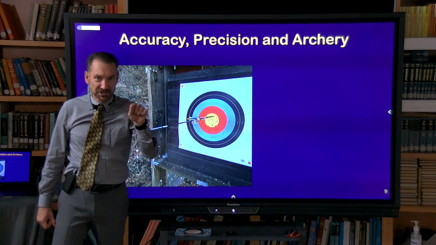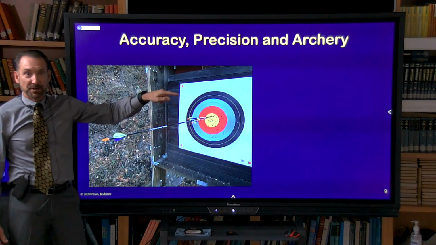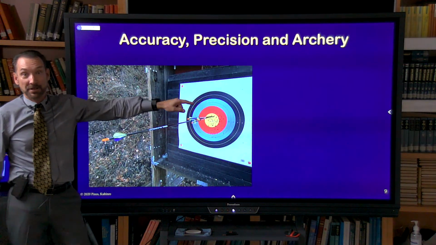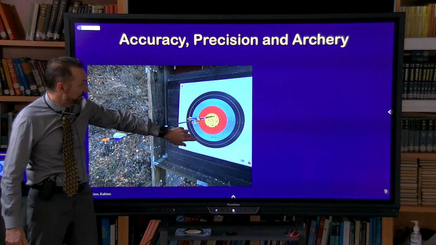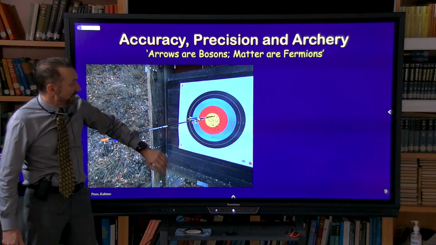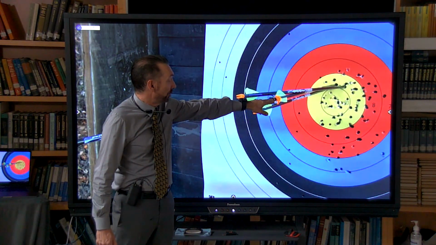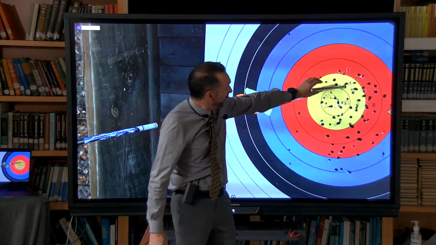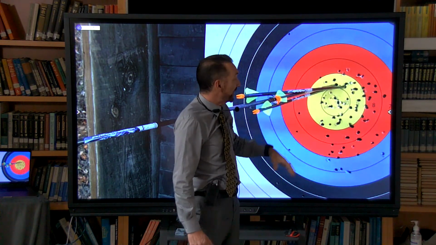So precision is the ability to reproduce an experiment and get the same number every time. So this is the ultimate in precision when you split one arrow with another arrow. But all of these arrows are precise. They're all very close together.